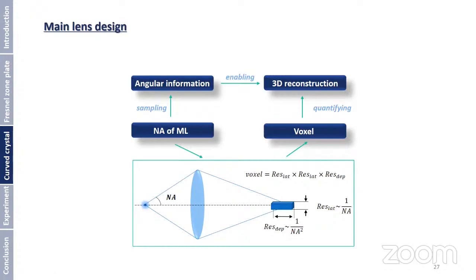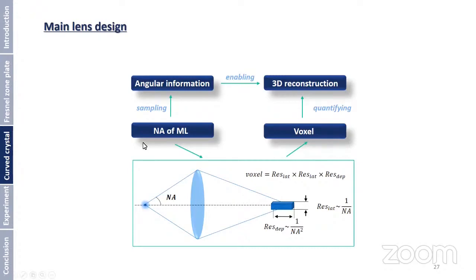On the other hand, the 3D reconstruction quality can be quantified in terms of voxel. It's like the pixel of a 2D image. So there is a relationship between the numerical aperture of the main lens and the voxel.